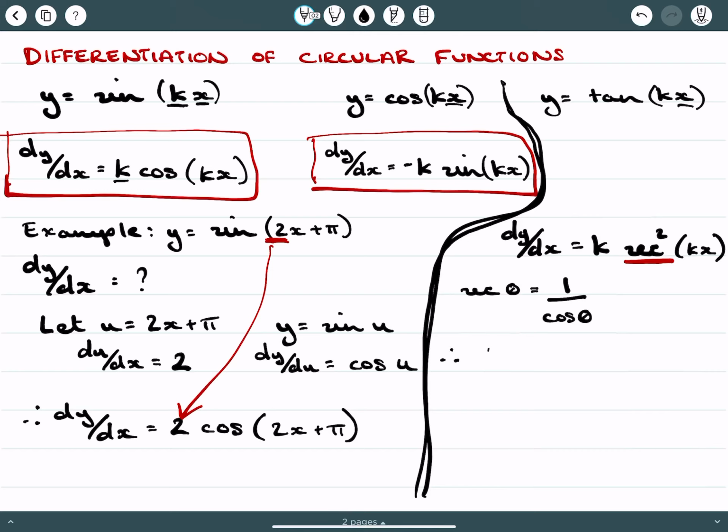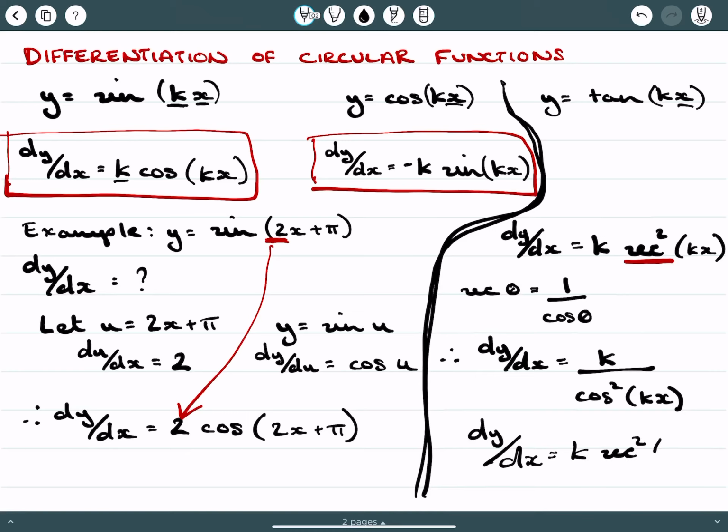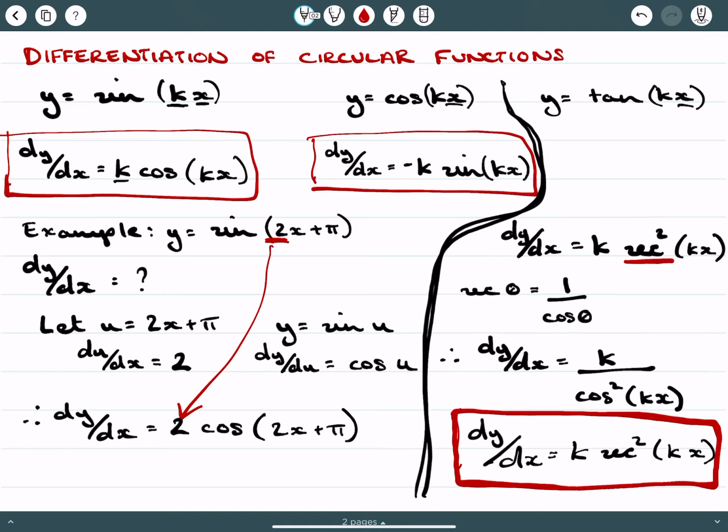Therefore, when we talk about dy/dx of tan, we're really saying k on cos squared kx. But the way that we should always express it is sec squared kx. That's a rule that you really need to put in your memory bank because you're going to be using it a lot.